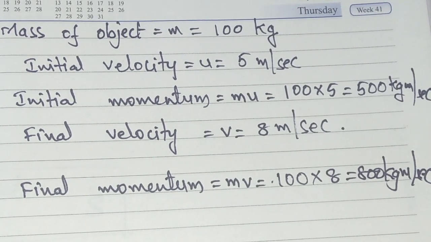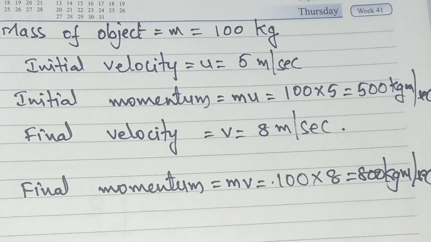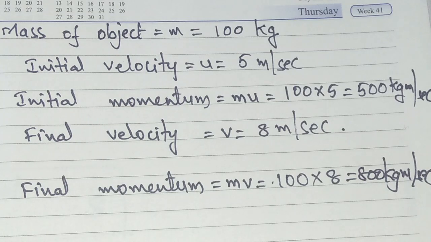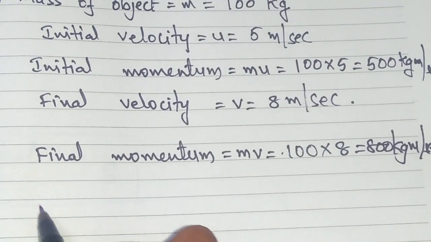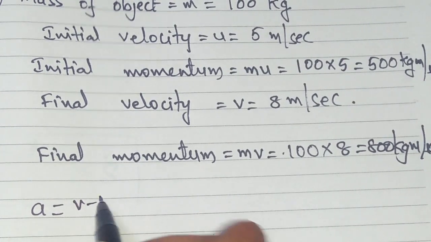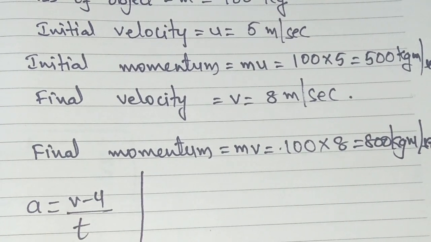We have to find out force. So for finding the force, children, we have two different ways. One way is finding the acceleration, because initial velocity, final velocity and time are given. We can find out acceleration by using the formula a is equal to (v minus u) by t. This is one method, but it may be somewhat lengthy.